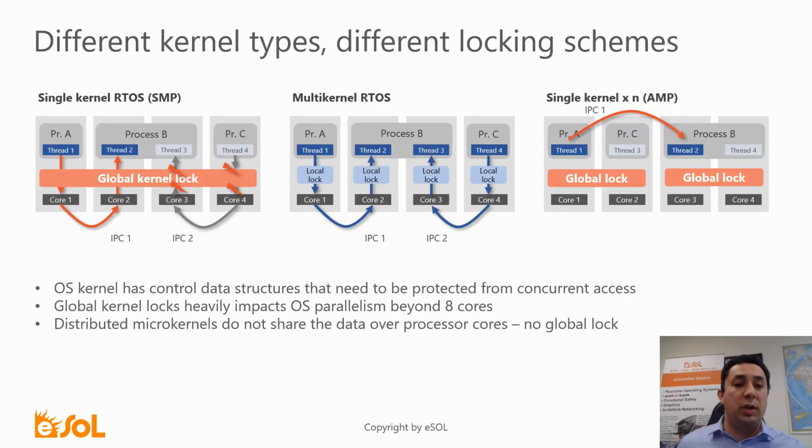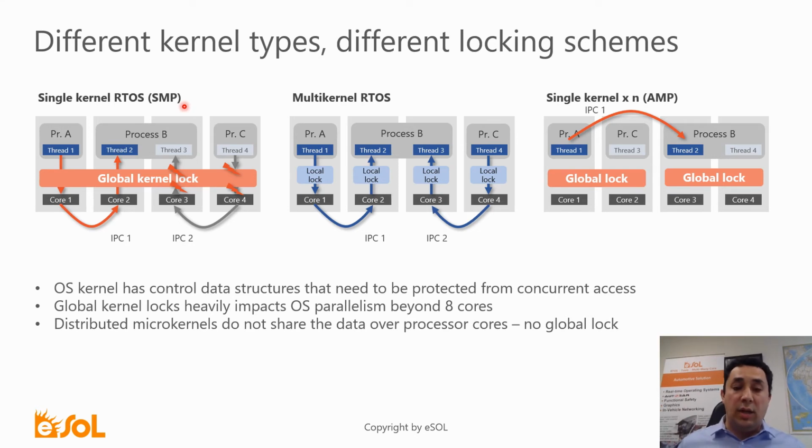A little bit more in detail, what you see on the left here is the SMP operating system design used by most operating systems on the market today. SMP stands for symmetrical multiprocessing.